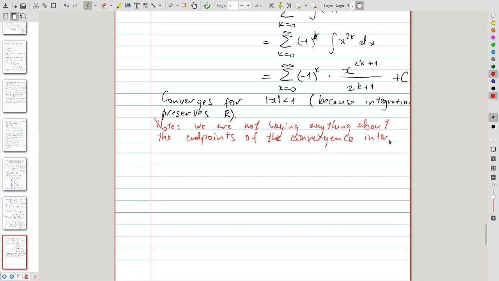And these are, of course, x equals plus minus 1. So these are the endpoints of the interval absolute value of x less than 1.